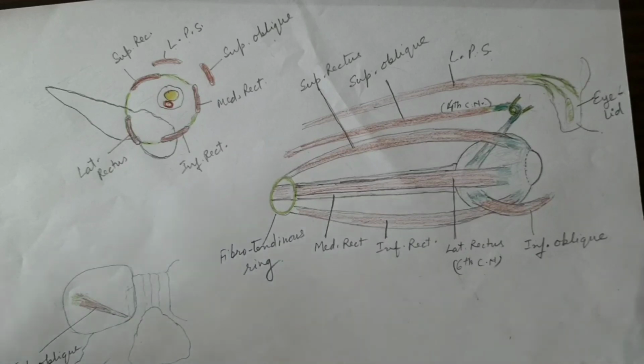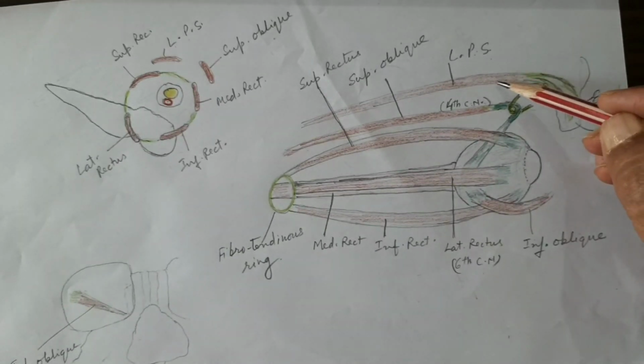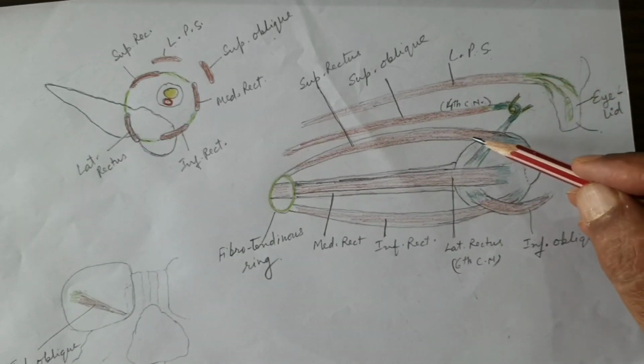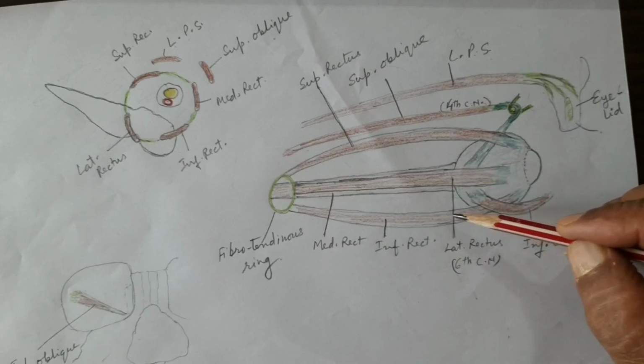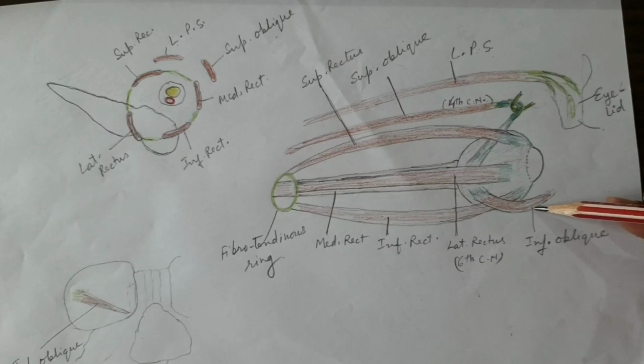The rest of the muscles, including the levator palpebrae superioris, superior rectus, medial rectus, inferior rectus, and the inferior oblique, these remaining 5 muscles are supplied by the oculomotor nerve. There will be 2 divisions of the oculomotor nerve, superior and inferior division.